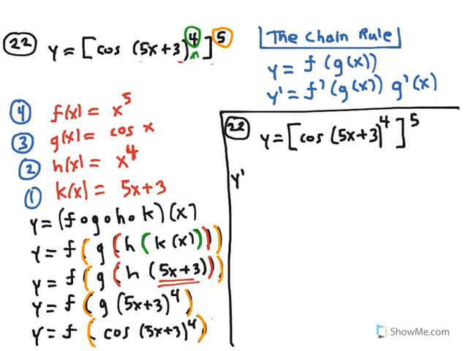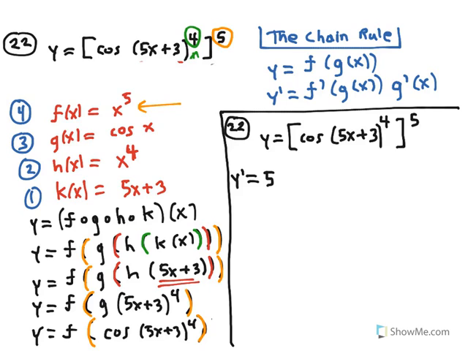So you begin by finding the derivative of number 22 by taking the derivative of the 4th function, the outsidemost function, which is, of course, x to the 5th. So to find the derivative of that, you would use the power rule.